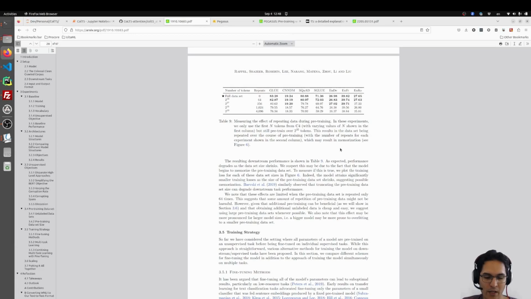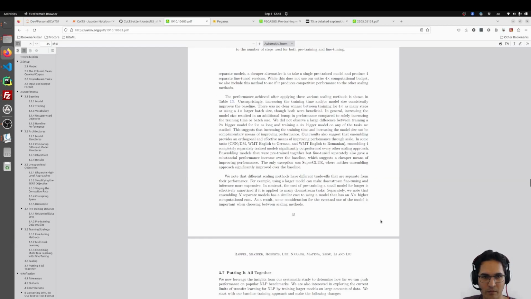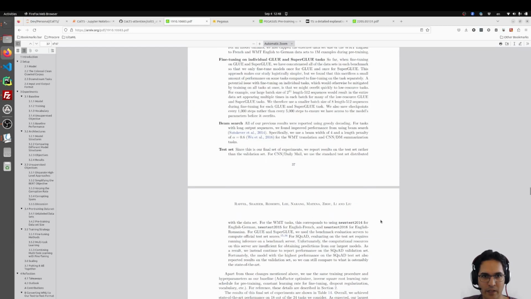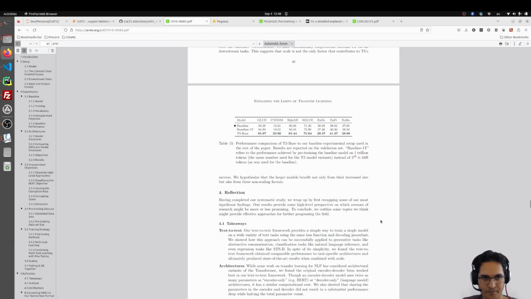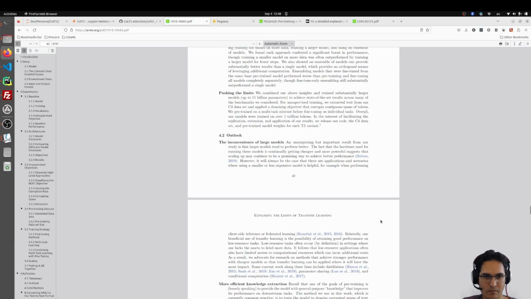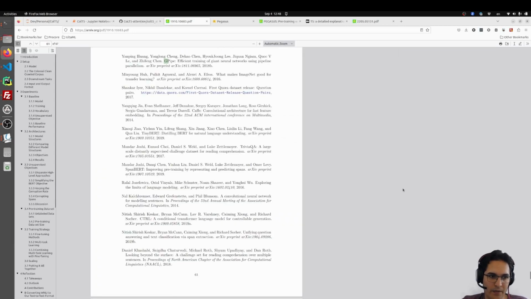So if you fine-tune T5, its performance is really better than GPT models. I think there are some tables here. They have lots of ablation studies on why they have done that. I think they have a comparison.